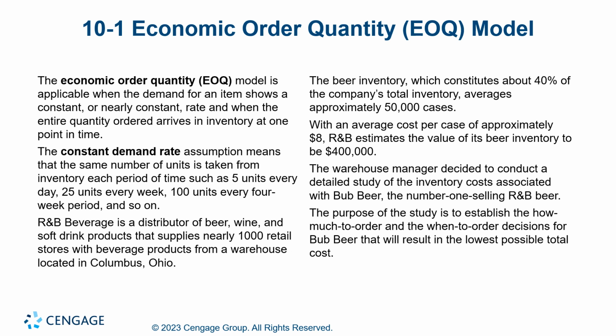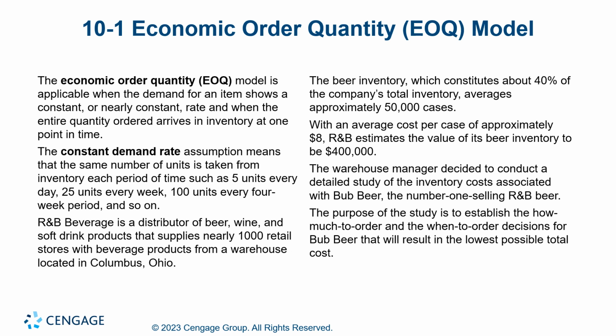So the beer inventory, which constitutes about 40% of the company's total inventory, averages approximately 50,000 cases, with an average cost per case of approximately $8, so R&B estimates the value of its inventory to be $400,000.